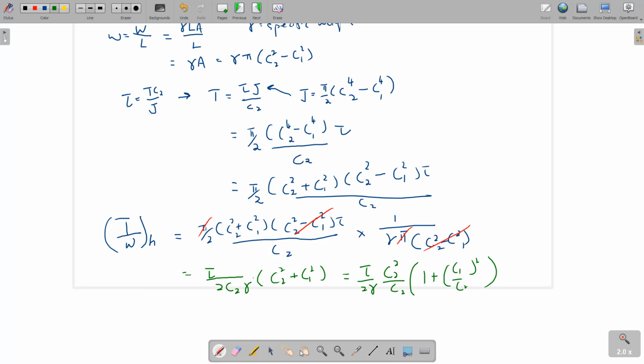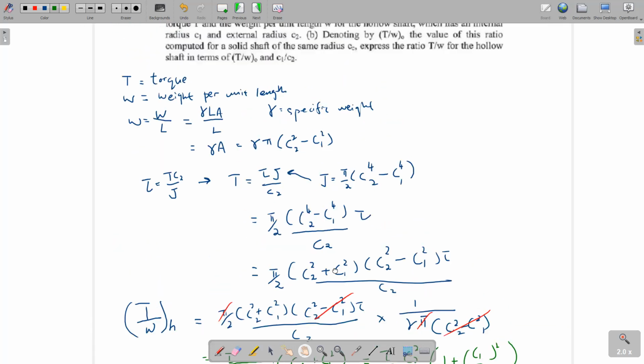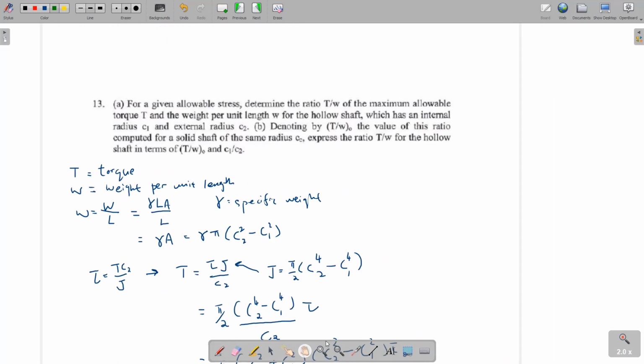That is the solution for part A, to express torque over weight per unit length in terms of the ratio of the radius, inner and outer radius. Okay, let's move on to part B. In part B, you have to create one more expression for the case of solid shaft.